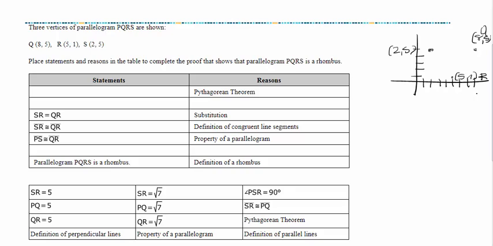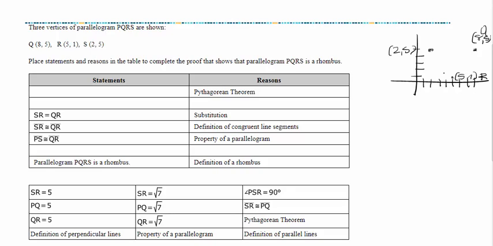Now, it says Pythagorean theorem here. You know the Pythagorean theorem is a squared plus b squared equals c squared. You could see if this is a right triangle. Another way that I like to solve it is to use the distance formula.